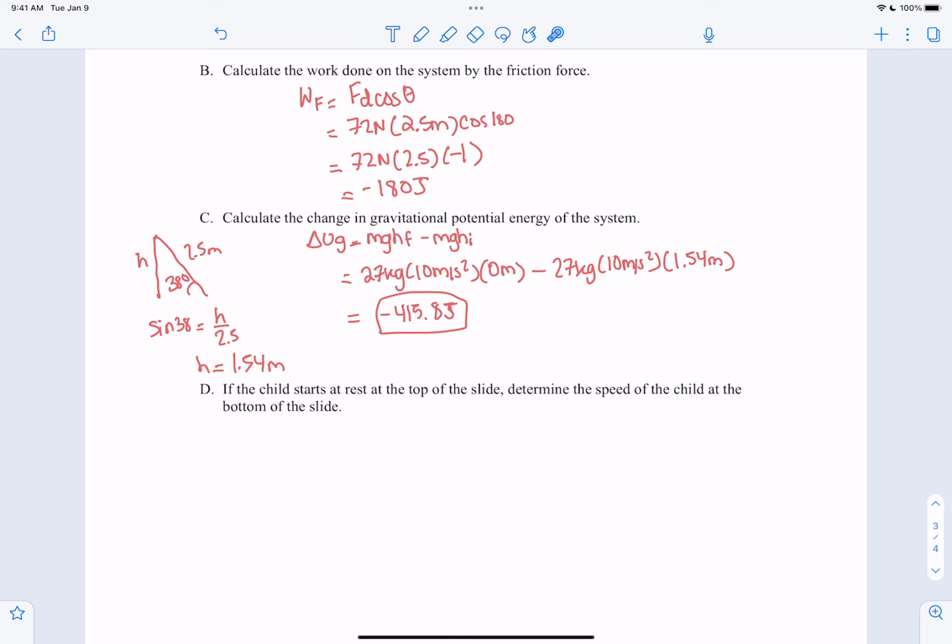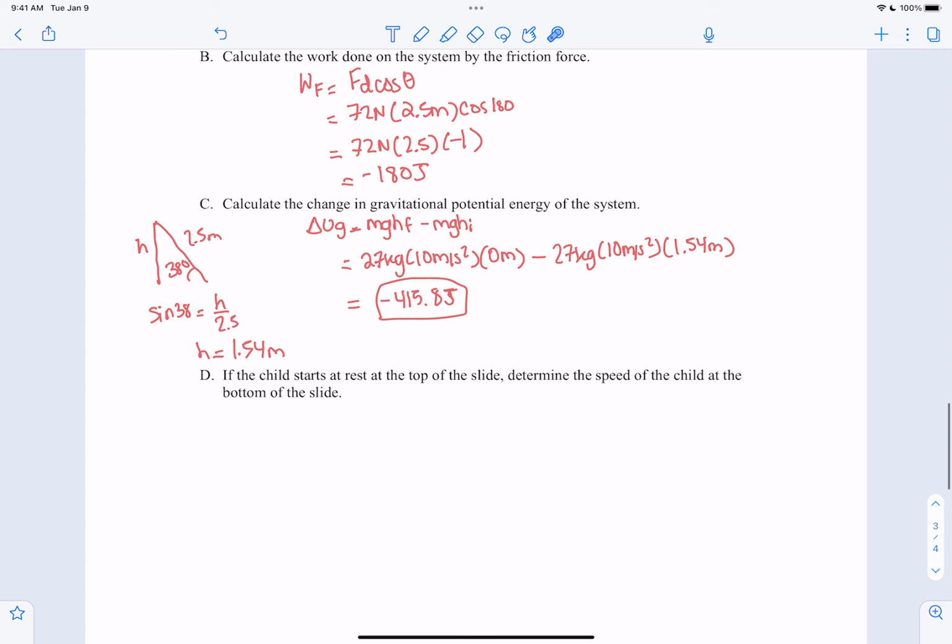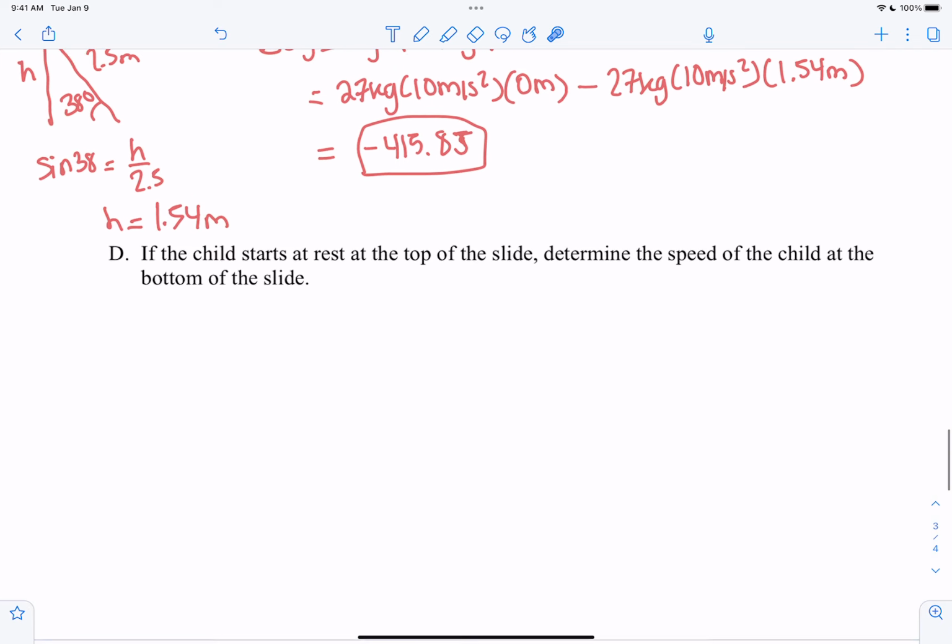But work here is done by friction, so we can do that. That's fine. But the idea here is that, once again, work is equal to your change in energy, and that's equal to change in kinetic plus change in gravitational potential energy, right? And the work here is due to friction, not due to the gravitational force.